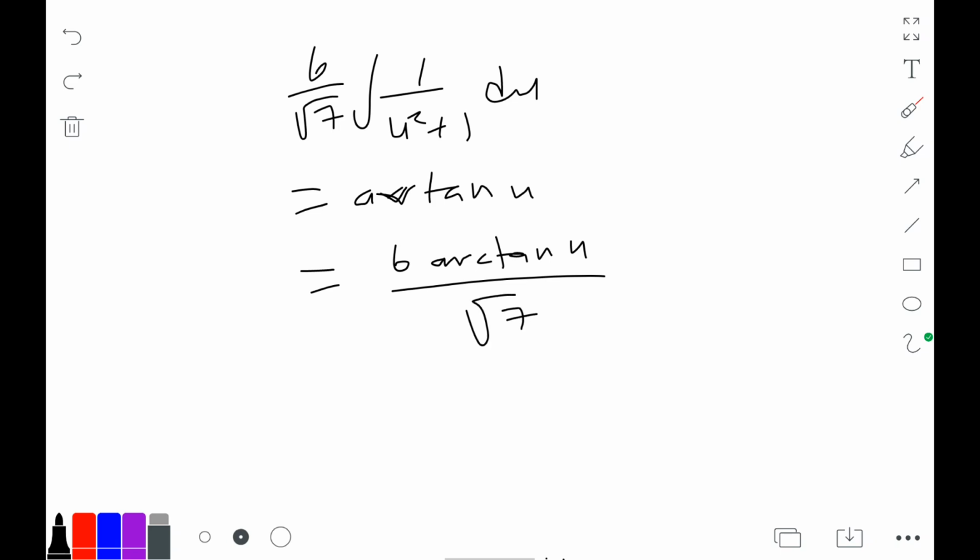After that, when you have an arctan like that, you can substitute back for u. Remember, u equals x over square root of 7.